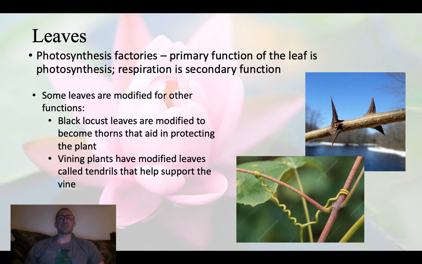Okay, so we're going to start by looking at leaves. Our plant leaves, you can think of them as photosynthesis factories. Right? That's their primary function of the leaf, photosynthesis. And again, photosynthesis is a process by which a plant takes in carbon dioxide and water and using energy from the sun combines them to create glucose or a sugar molecule.